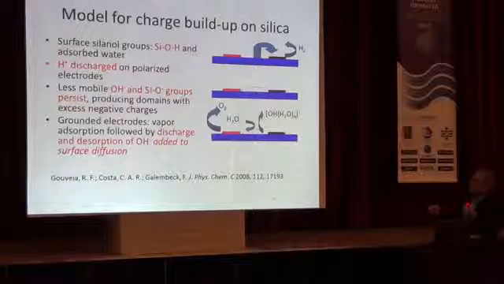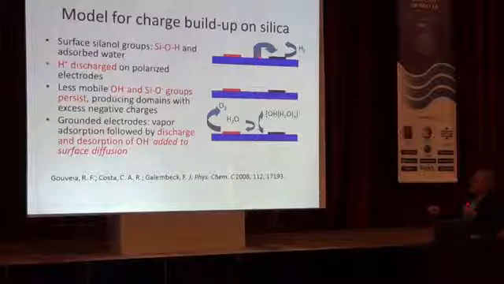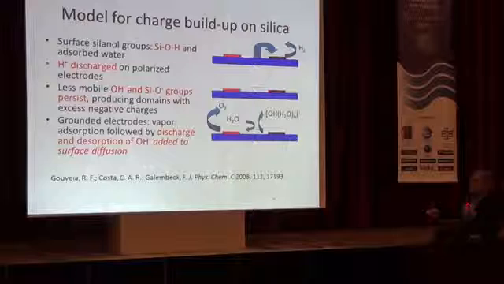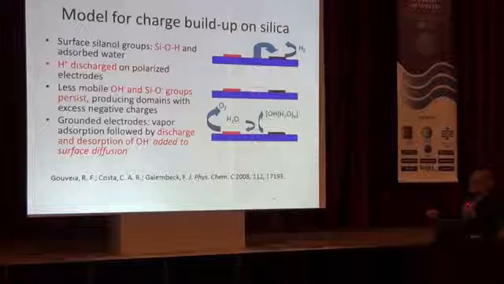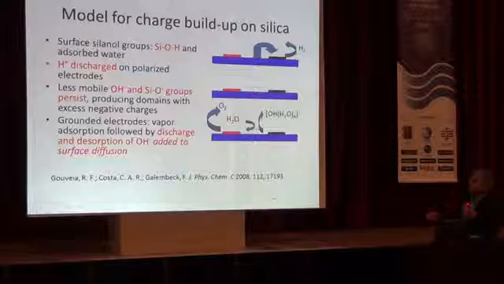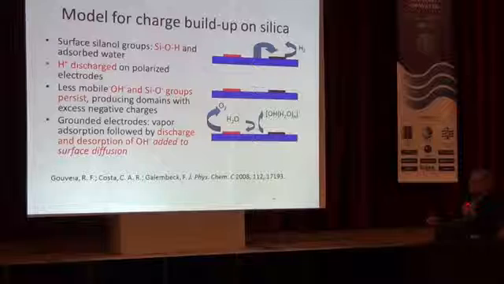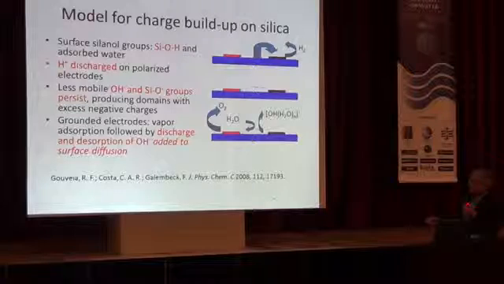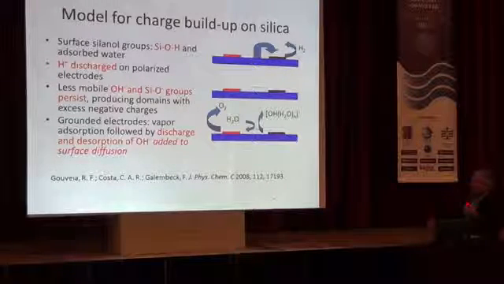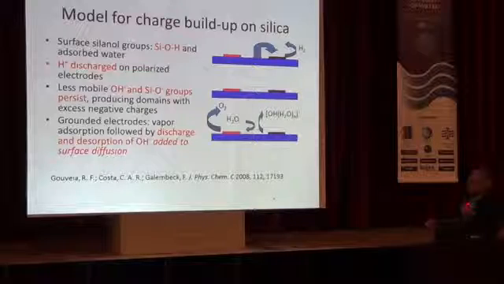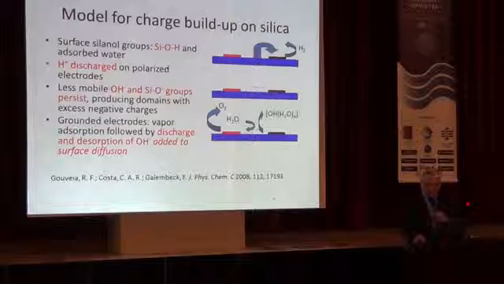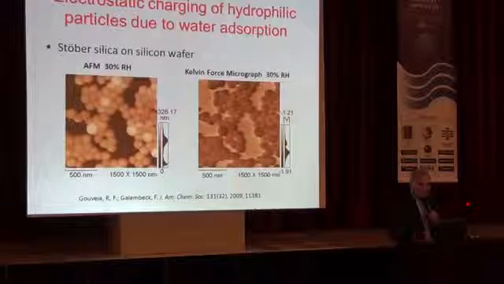On the silica surface, we have silanol groups, out of which H+ ions can discharge on the negative electrode, leaving behind silicate groups that are negative, fixed, and that remain on the surface until the system is short-circuited and water can come in to eliminate charge, either by oxygen release or by evaporation of water carrying excess ions.